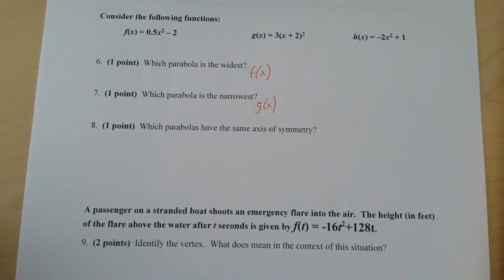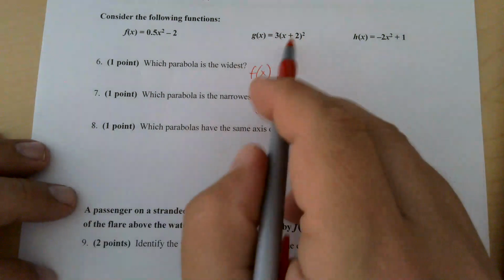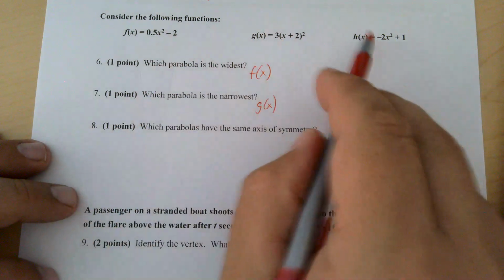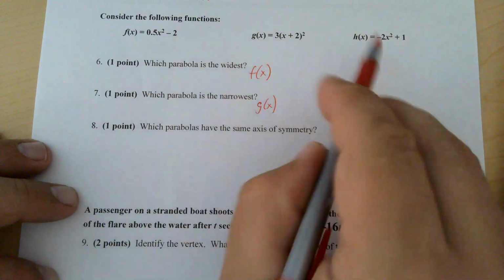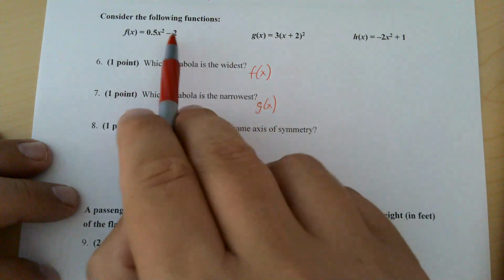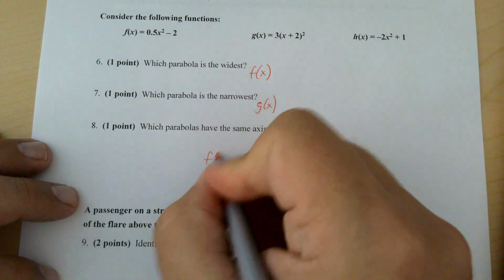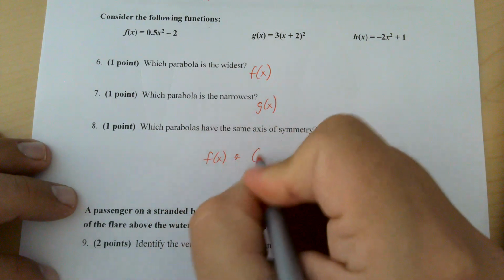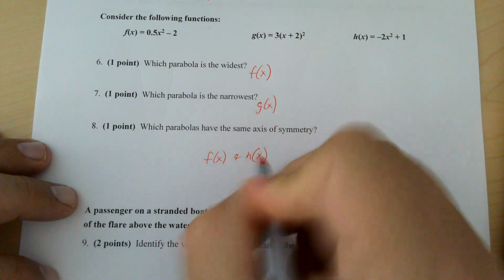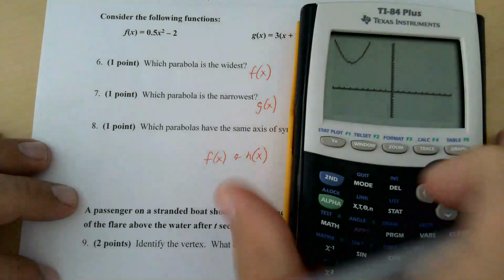Okay. And finally, they ask, which pair has the same axis of symmetry? This is the only one that's shifted. Both of these have a line of symmetry of 0. Okay, this is just down 2. This is up 1. So f of x and h of x. Okay, and you could confirm that on a calculator.